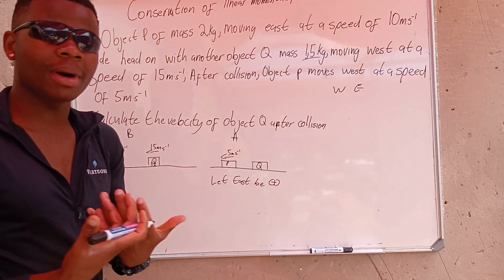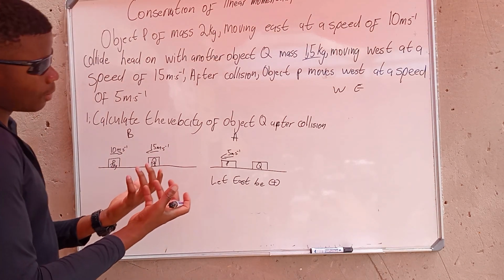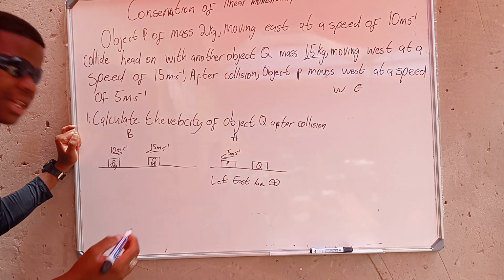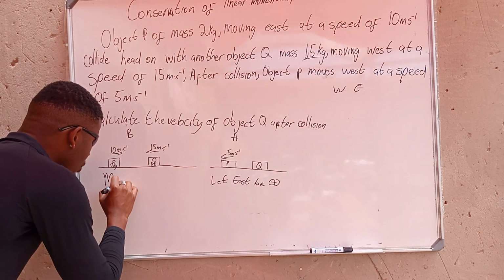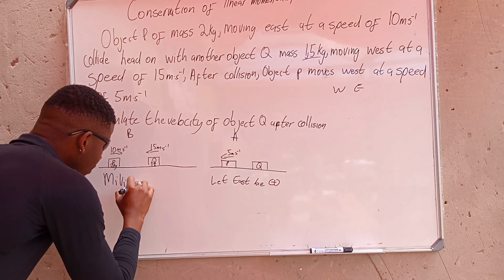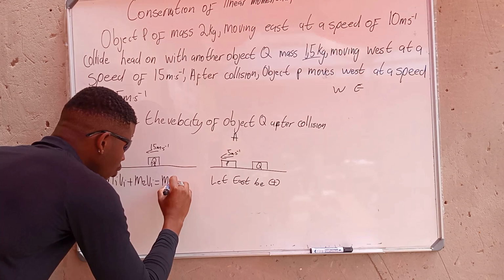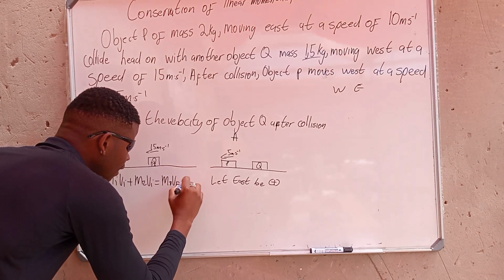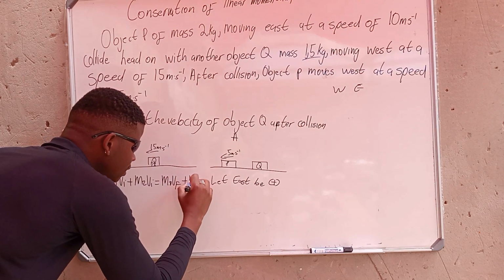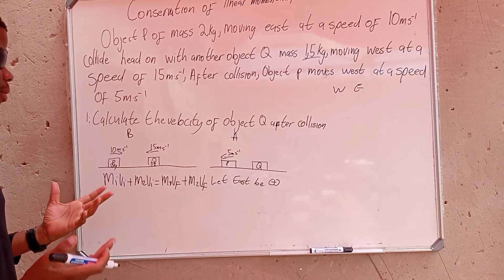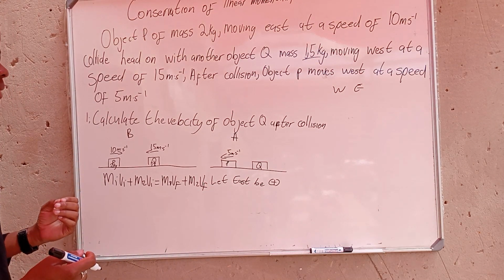They were not combined after the collision. The one went that way and the other one went that way. When you write the formula, you'll see m1 vi plus m2 vi is equal to m1 vf plus m2 vf. From now on you substitute into the formula.